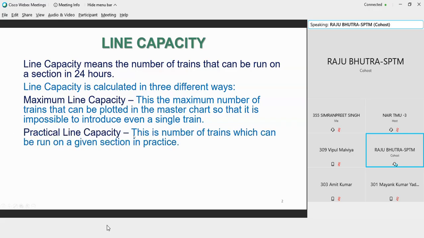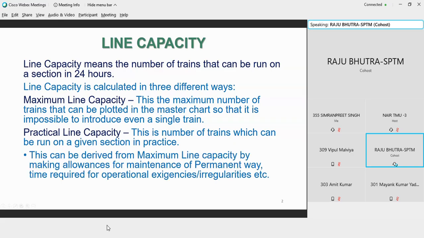Then practical line capacity. This is the number of trains which can be run on a given section in practice. Now, what is practically possible has to be seen.